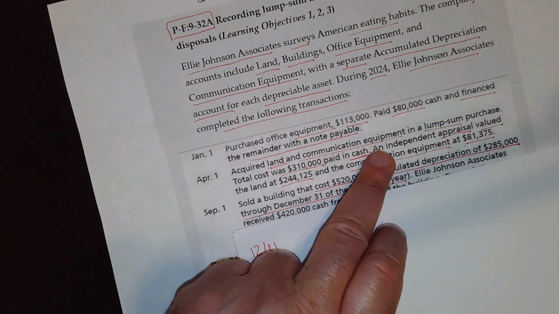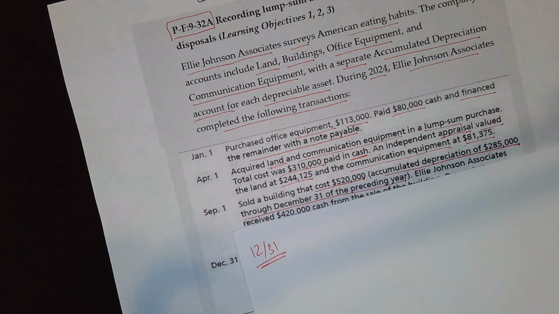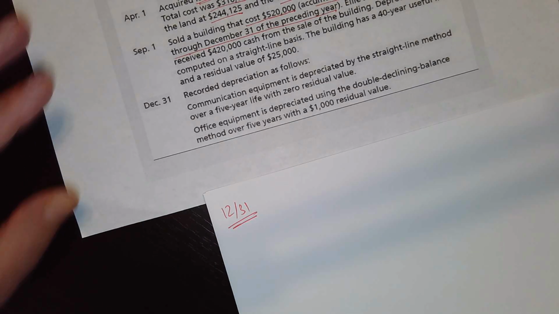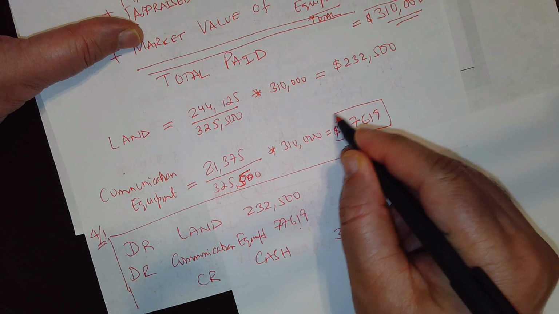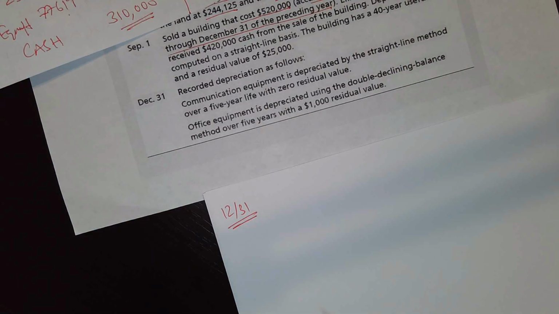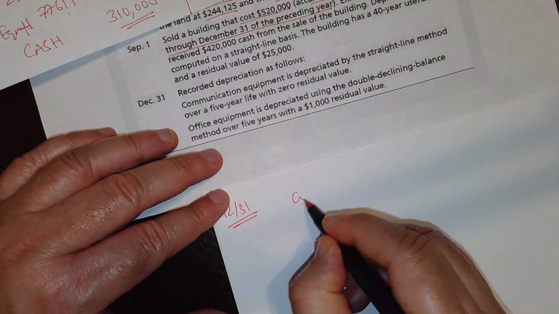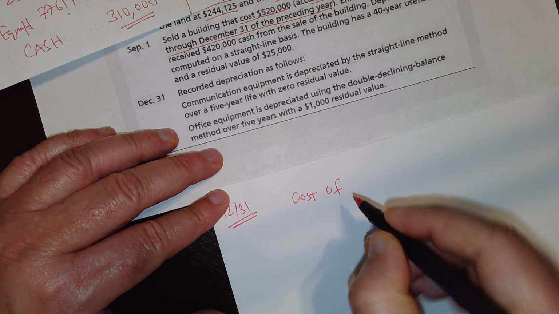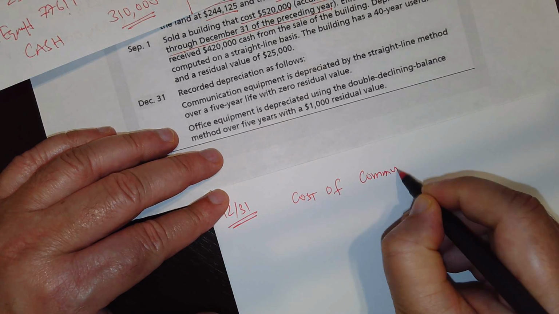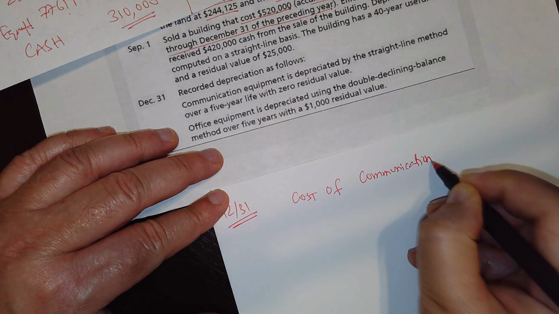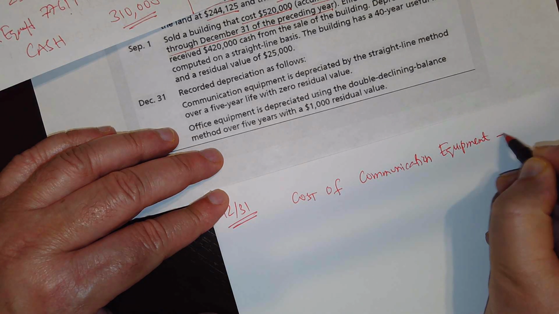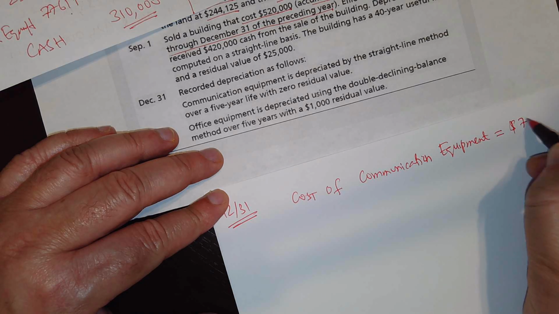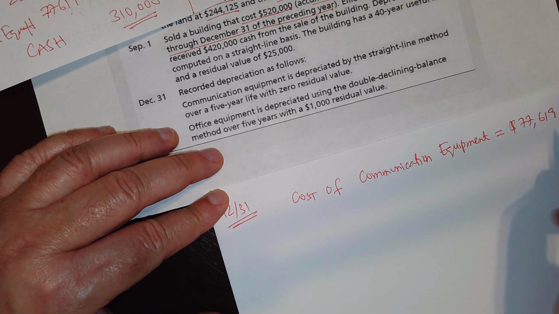So we have purchased the communication equipment and we recorded it at a cost of 77,619.